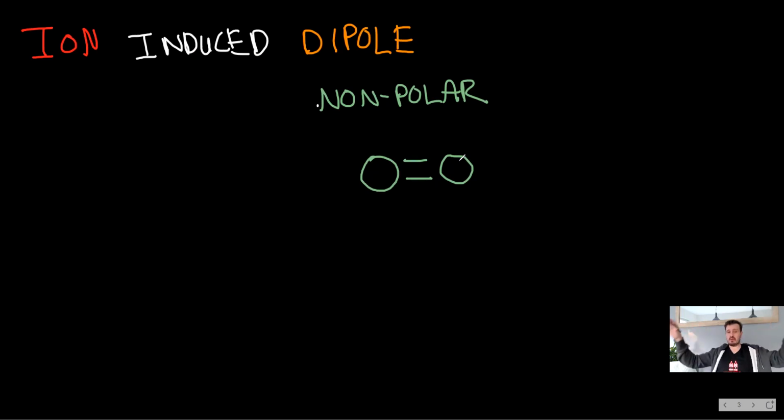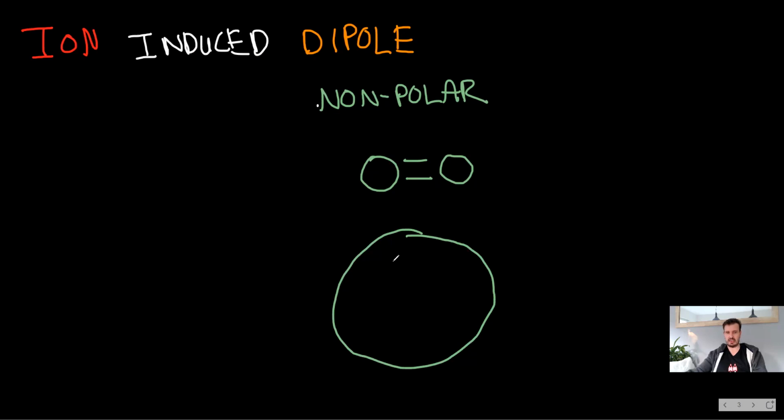It also has the same electronegativity, and we know that the difference in electronegativity determines if it's polar or non-polar. If oxygen has the same electronegativity as another oxygen, the difference between them is 0. And so it's non-polar, because there's no difference in electronegativity. So if you were to draw this molecule, we could draw it with a bunch of electrons.